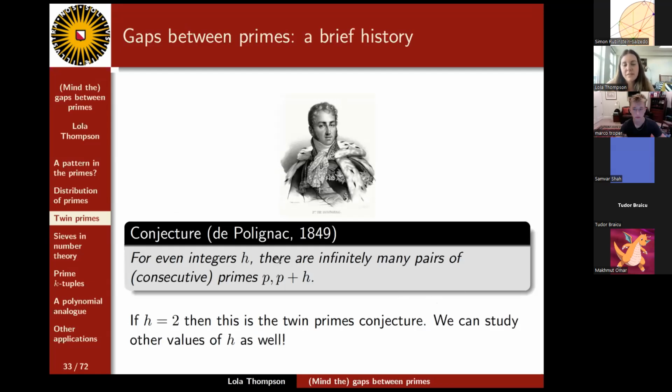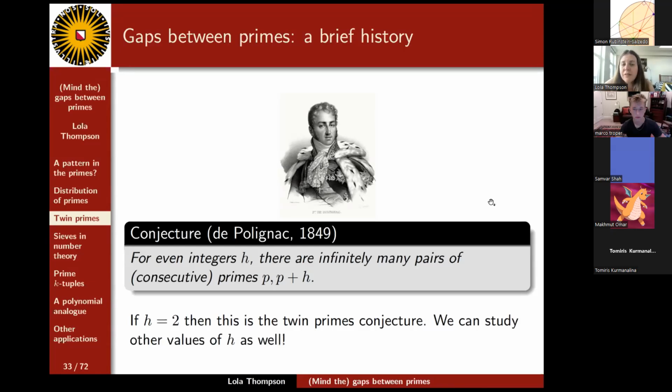And he said the following conjecture: for even integers h, there are infinitely many pairs of consecutive primes, p and p plus h. This, of course, is a stronger conjecture than just the twin primes conjecture, because it's saying that every even integer can appear as a gap between primes. So you could have p and p plus 4, p and p plus 6. There should be infinitely many pairs of this form.